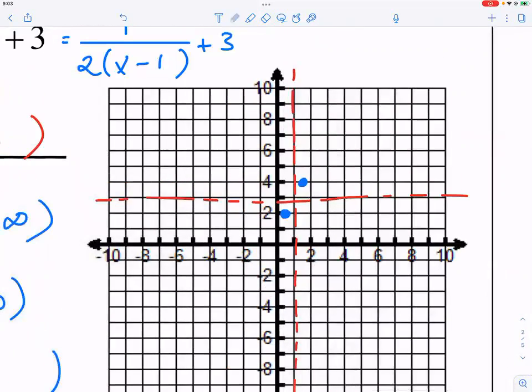Make sure you show those 2 dots very clearly, and then make your best effort. Draw slowly and show how the graph is leaning closer toward the asymptote.